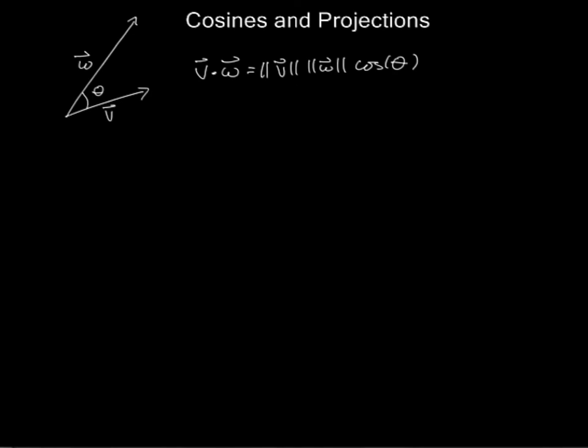Okay, now let's go back and look at the first law. And I'm going to show you how to derive the first law from the law of cosines. So remember, the first law is this, that v dot w is the length of v times the length of w times cosine of theta. So why is that true? I'm going to use the law of cosines to see why.